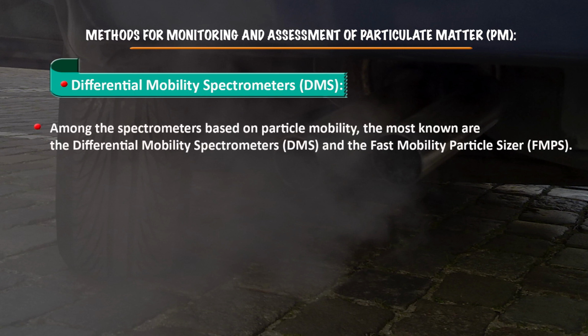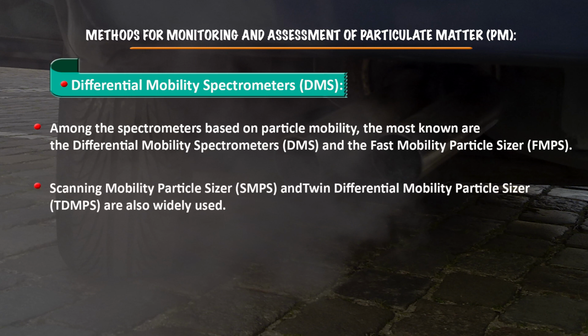Out of these spectrometers based on particle mobility, the most known are the differential mobility spectrometers, the DMS, and the fast mobility particle sizer, that is FMPS, the scanning mobility particle sizer, that is SMPS, and also the twin differential mobility particle sizer, that is TDMPS.